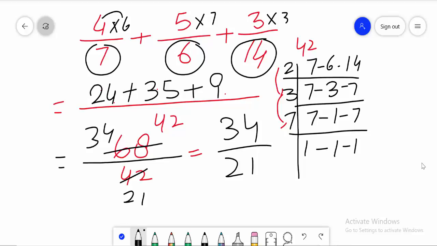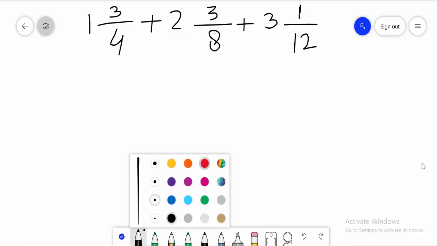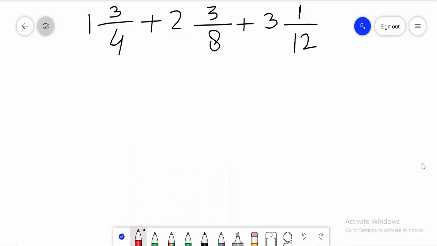Move to the next question, which consists of mixed fractions. So here on screen you can see three different fractions: 1 whole 3 by 4 plus 2 whole 3 by 8 plus 3 whole 1 over 12.